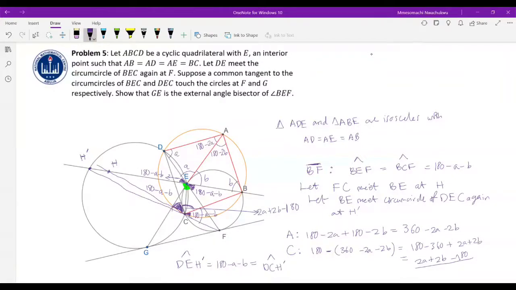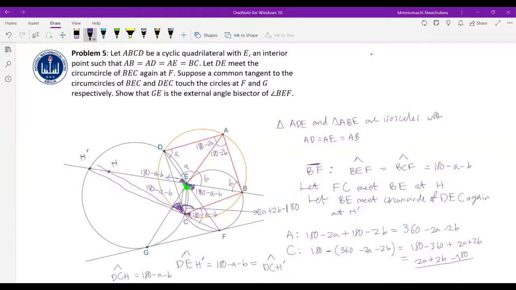Because angles subtended by the same chord are equal. So we see that DH prime subtends an angle of 180 minus A minus B. But we've already gotten that angle DCH is equal to 180 minus A minus B.